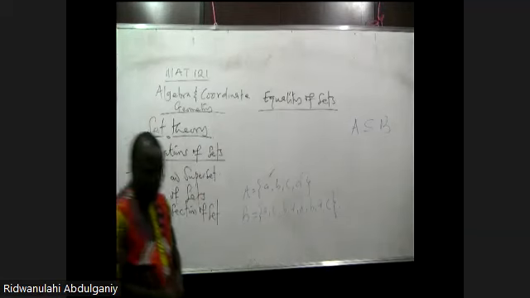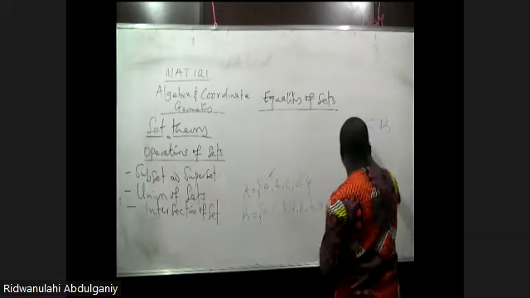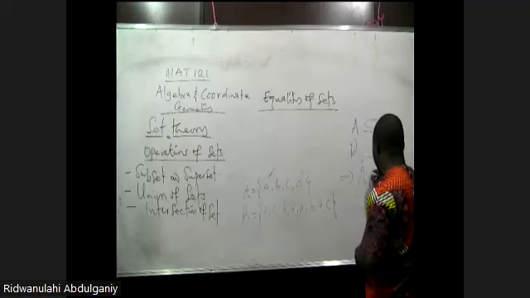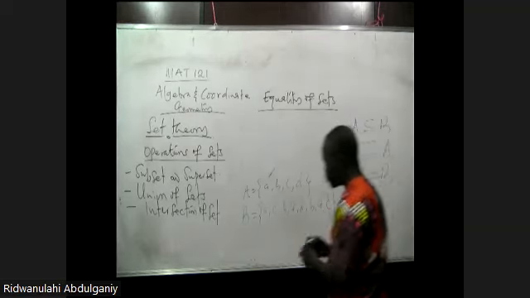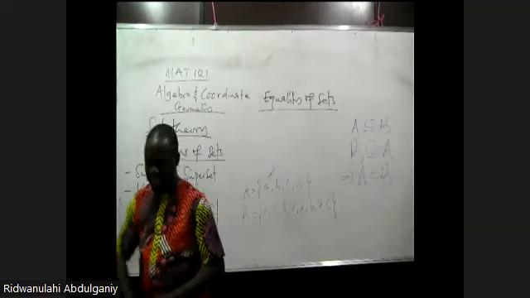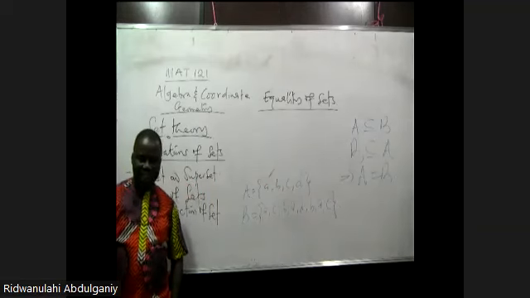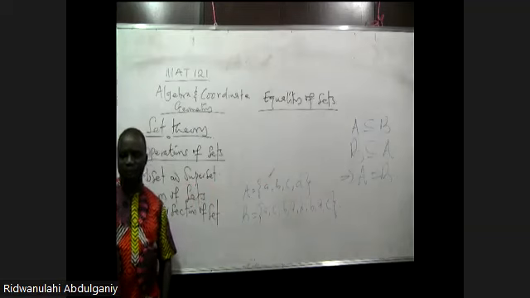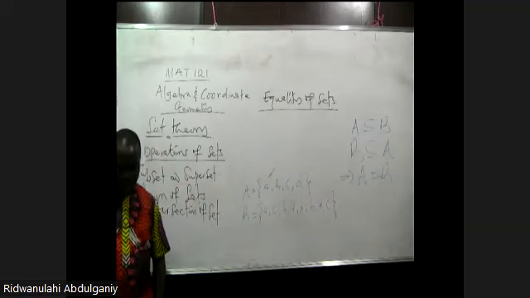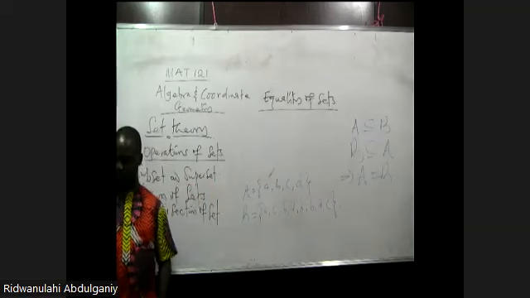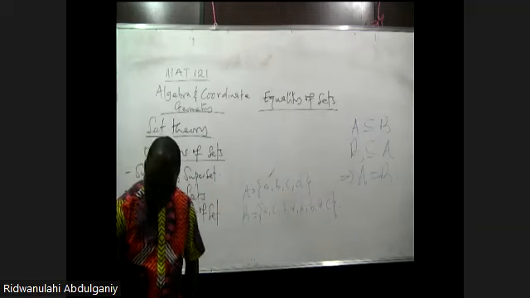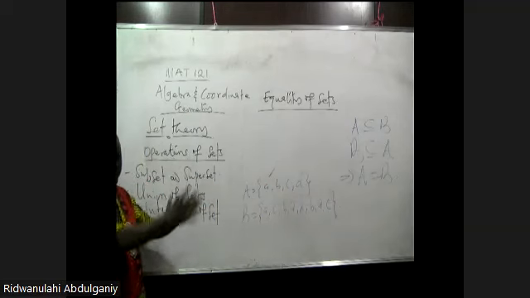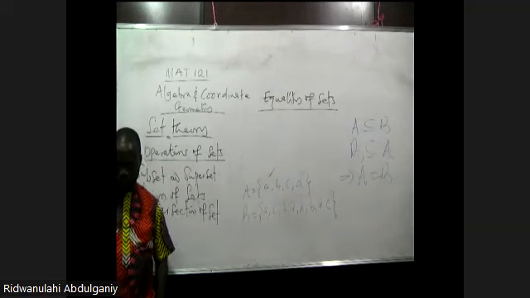A is a subset of B. B also is a subset of A. This implies that A is equal to B. If set A is a subset of set B and set B is a subset of set A, therefore A and B are equal. How do we put the definition? From the house, please. How can we define equality of sets, following this explanation on the board?